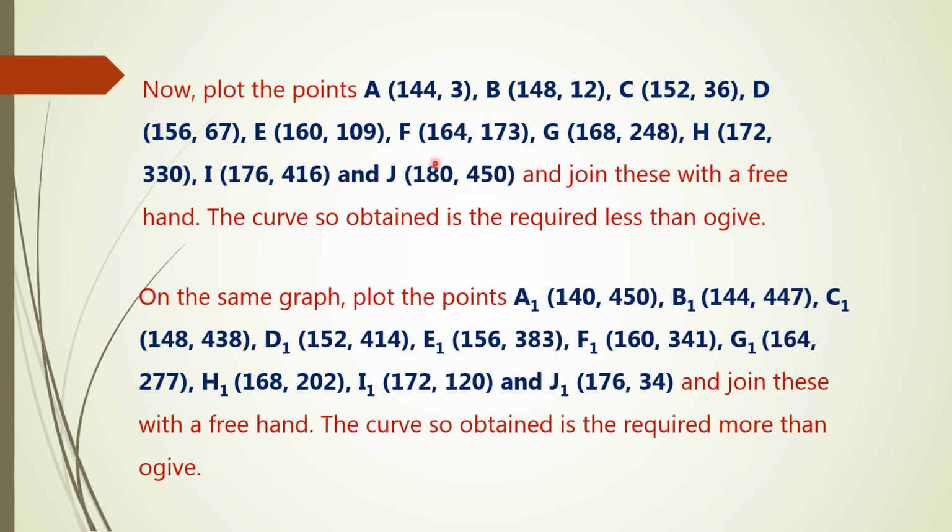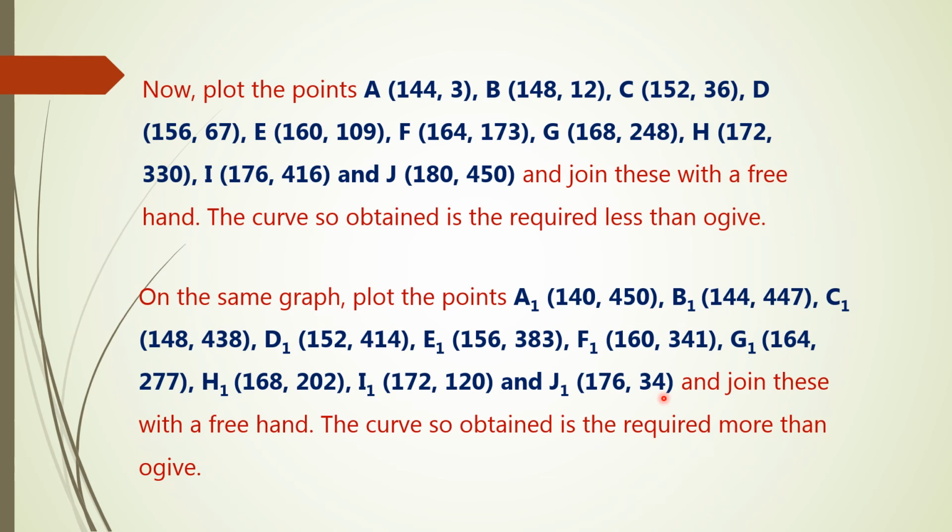On the same graph, plot the points. Here also you will get some points: 140, 450; 144, 447; and so on, up to 176, 34. These points also we get from the table, whose x coordinates 140, 144, 148, and so on up to 176 are the lower limits, and the y coordinates 450, 447, 438, 414, 383, and so on up to 34 are the greater than cumulative frequencies.